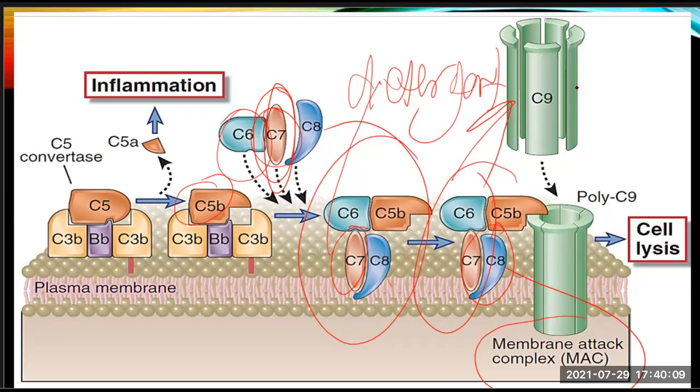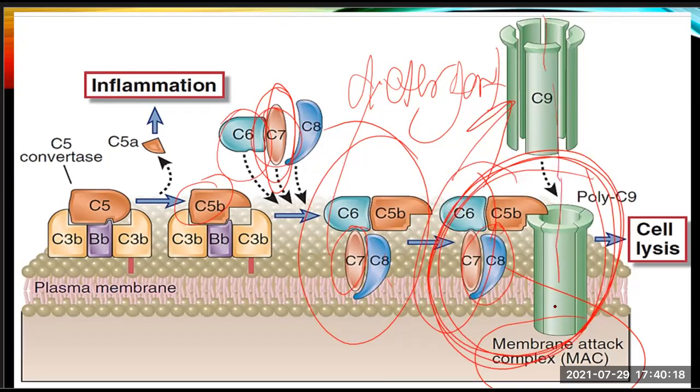This tubule is likened to a pore, which spans the membrane of the cell being attacked, allowing ions to flow freely between the cellular interior and exterior, so in and out of ions.